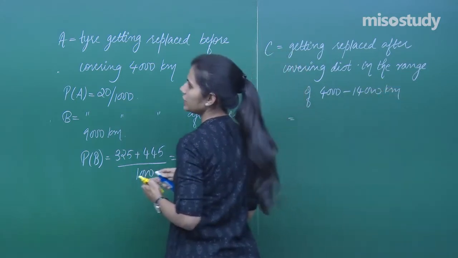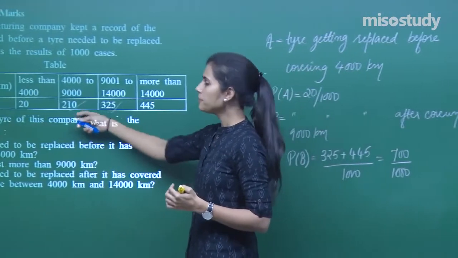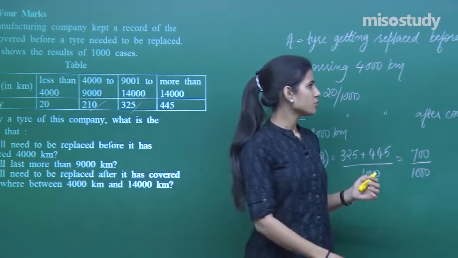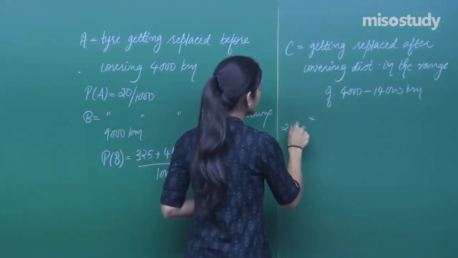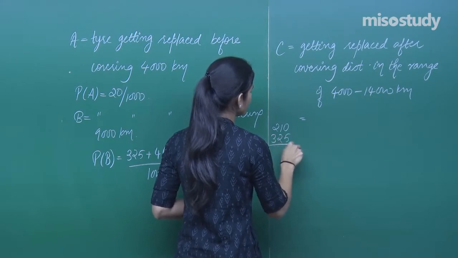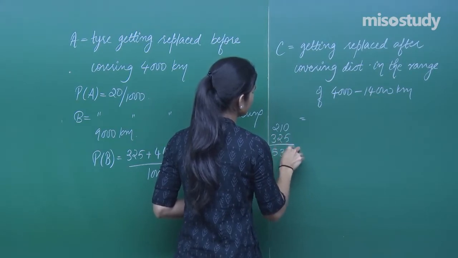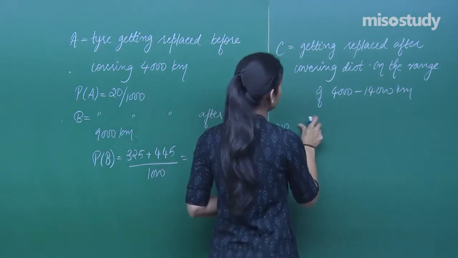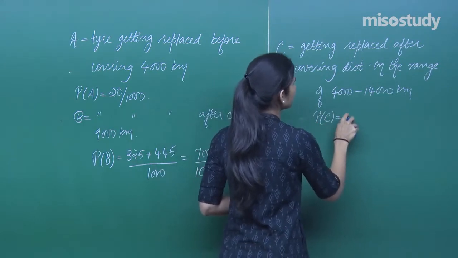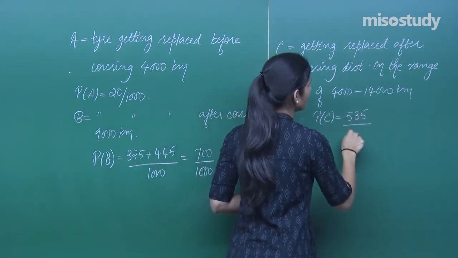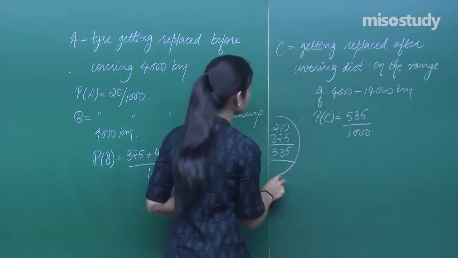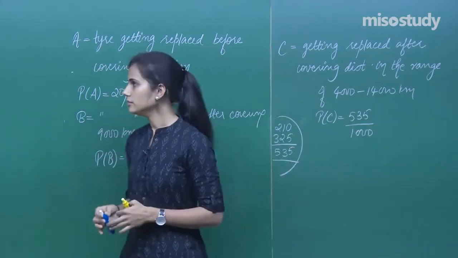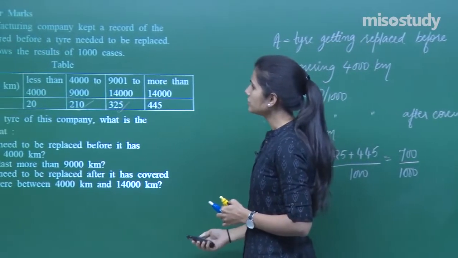How many are favoring event C? 210 plus 325, which is 535. So probability of C is 535 upon 1000. Is it clear? Let's move to the next question.